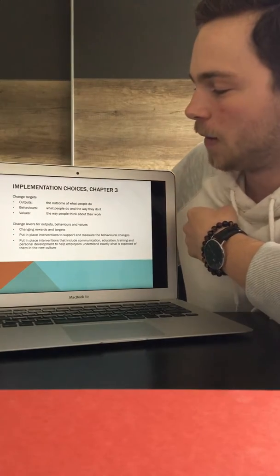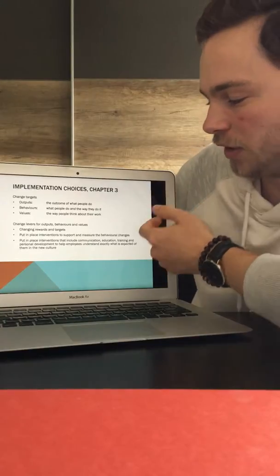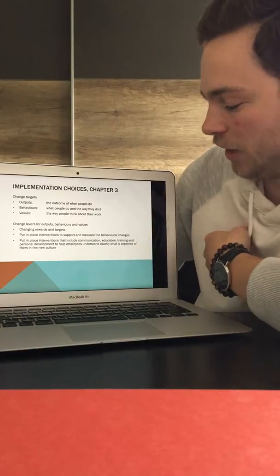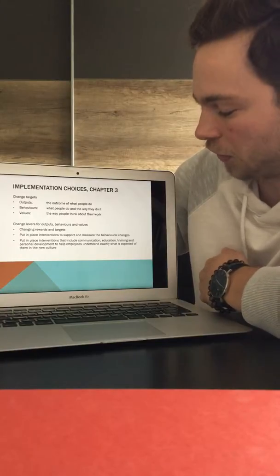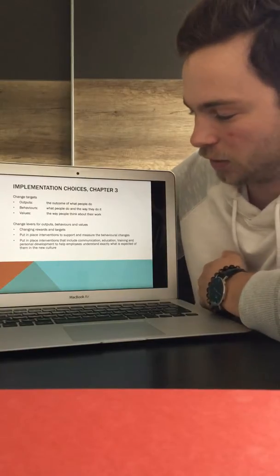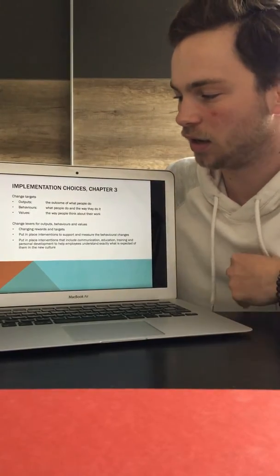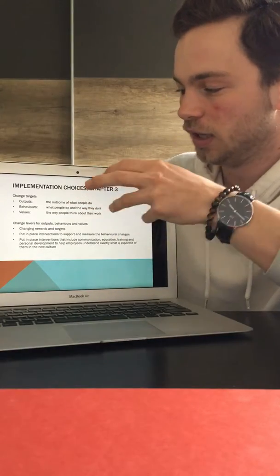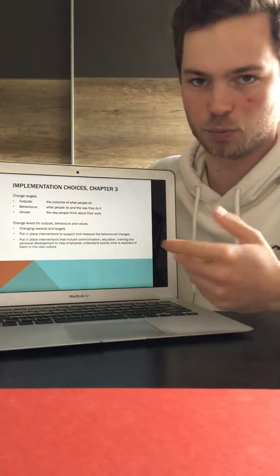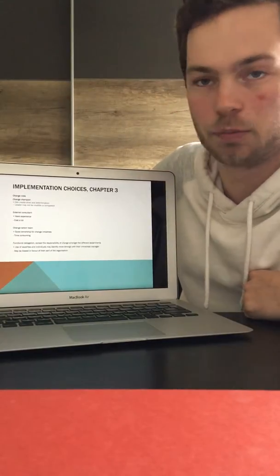And last one, to accomplish target values, you can put in place interventions that include communication, education, training, and personal development to help employees understand exactly what is expected of them in the new culture. So I think this is a really clear view of the use of targets and how you can accomplish these targets with levers.